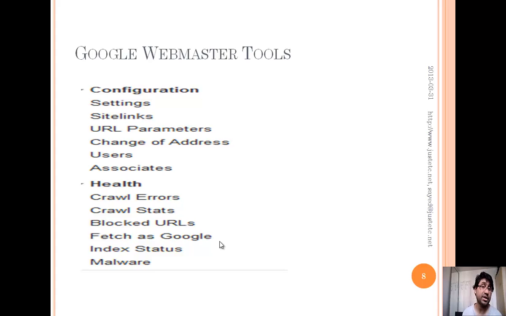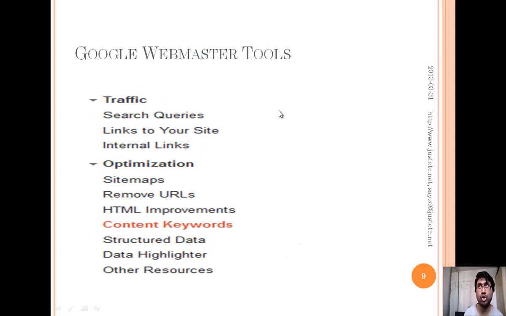By looking at this section, you can see which parts are affected, and Google will also give you guidelines on how to remove this malware and what to do next, so that Google thinks it's clean and the search result is also clean. It doesn't show that warning message to the visitors.